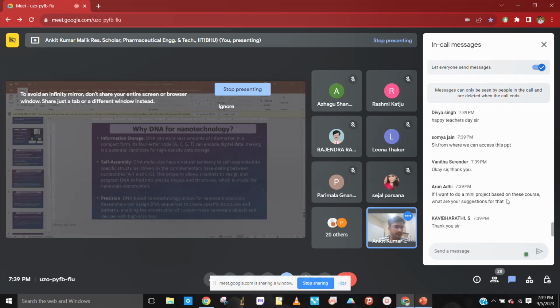If I want to do a mini project based on this course, what are your suggestions for that? Mini project, you can go for it. First, you have to look for a supervisor or any professor who is working on the same project in the same manner or same profession. Then you can ask them, and then you can start a mini project also.